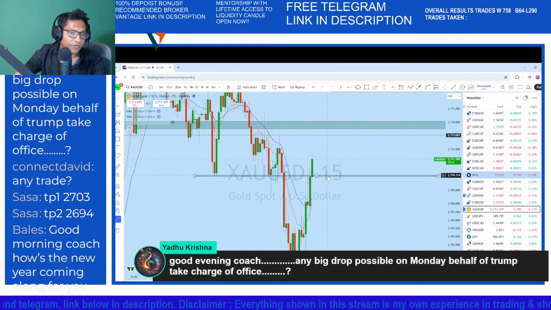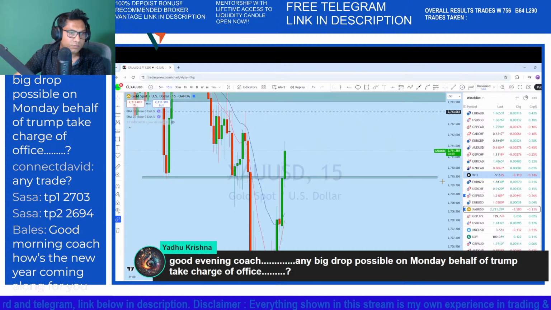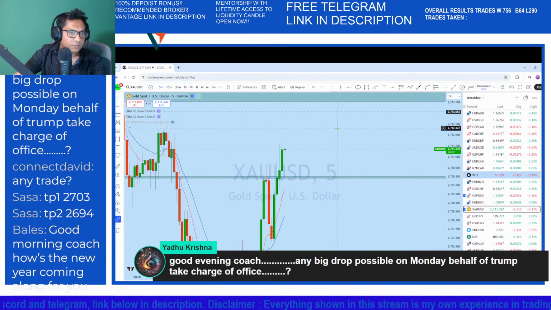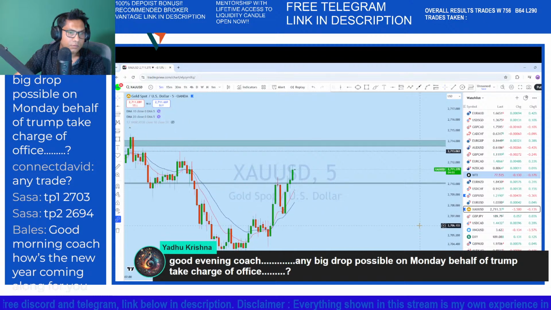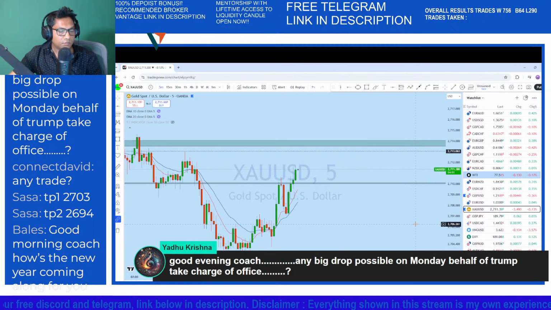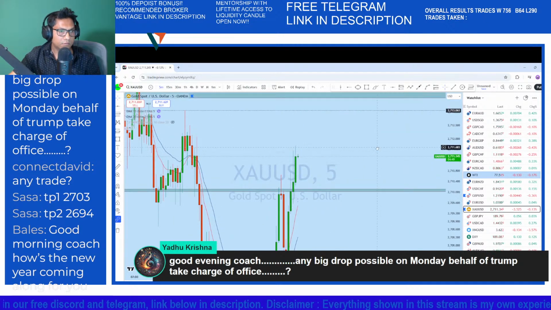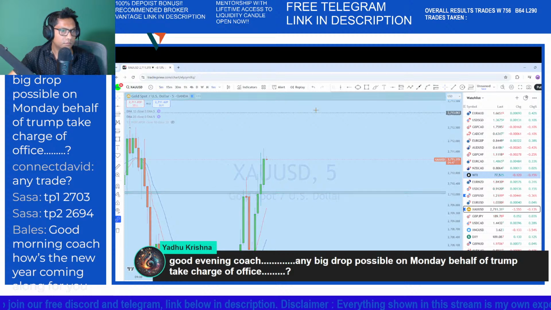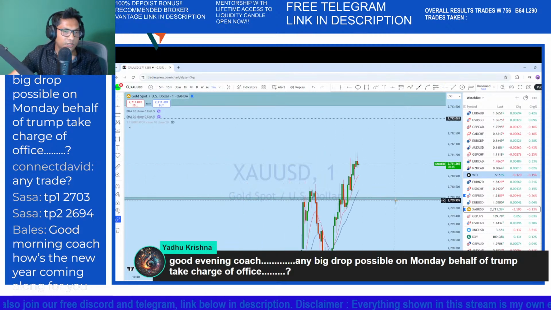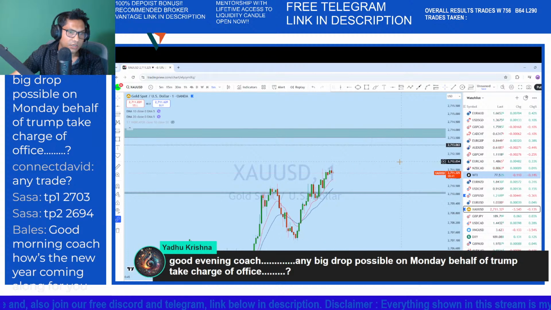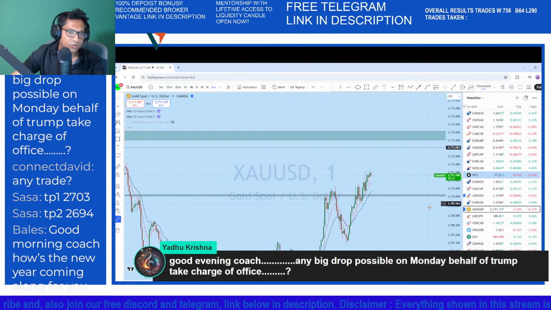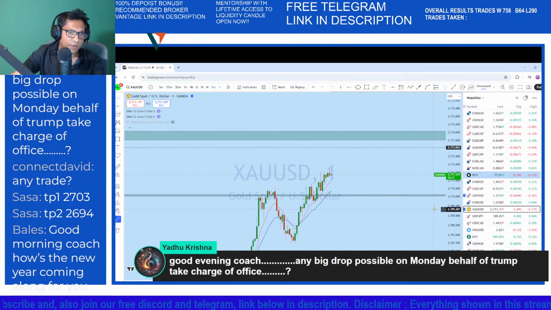A bullish engulfer here. And in this bullish engulfer, want to see the market is heading to the upside, which we might see that eventually the price is going back to the resistance line.